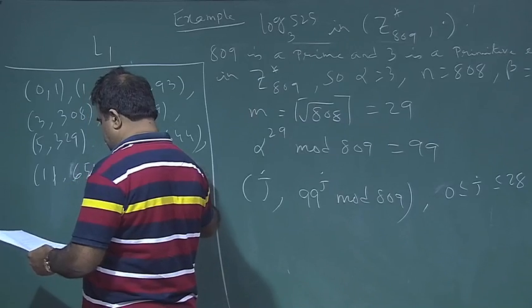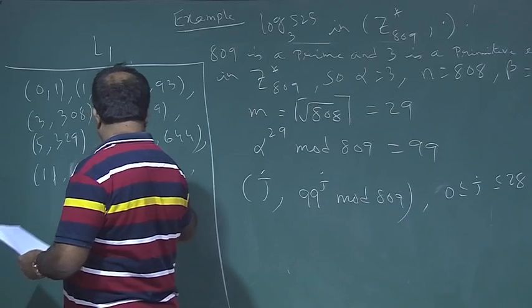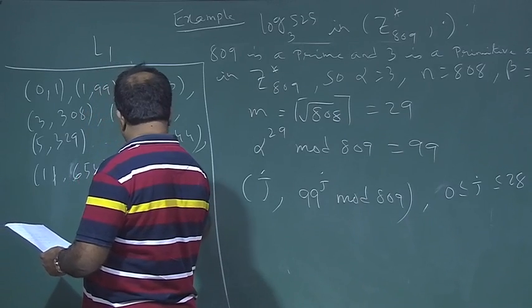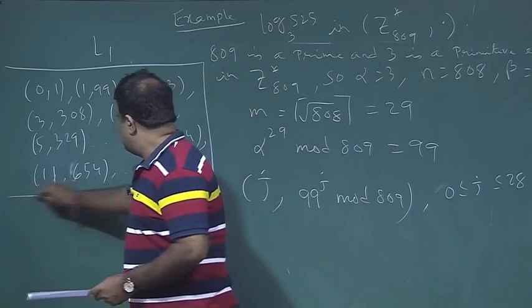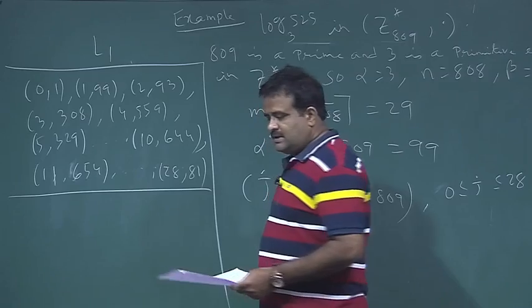Anyway, one must calculate this, and the last one is 28 comma 81. So, this is the list L1. Similarly, now we have to calculate the list L2.